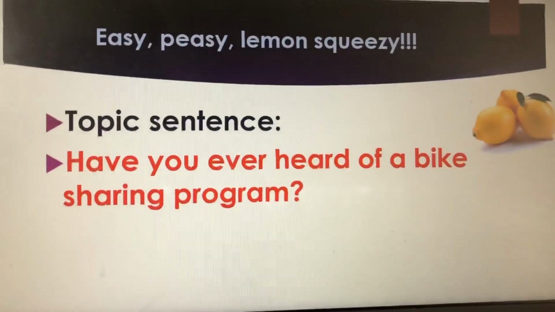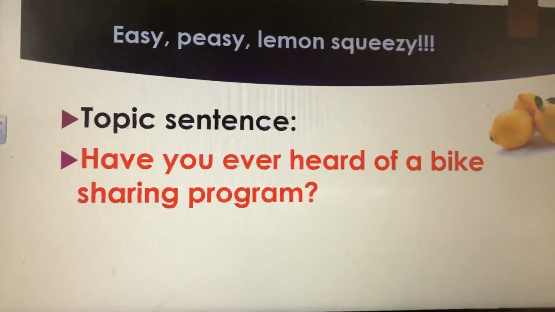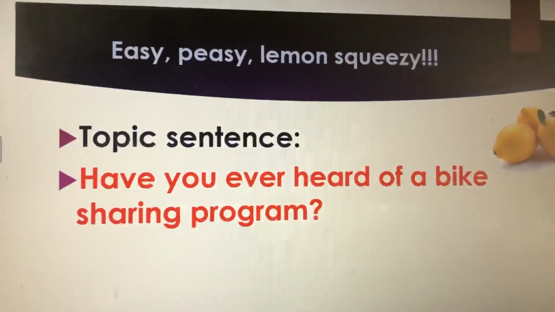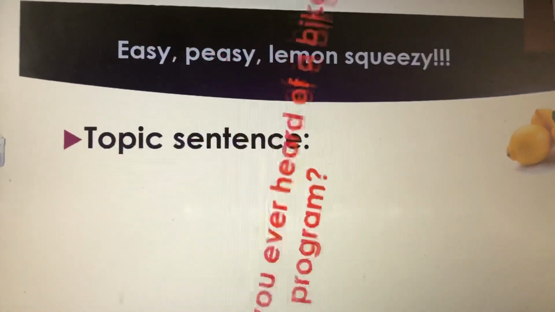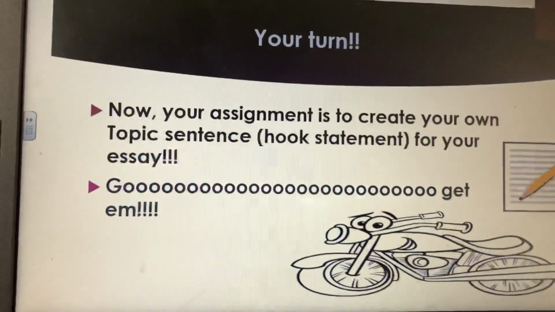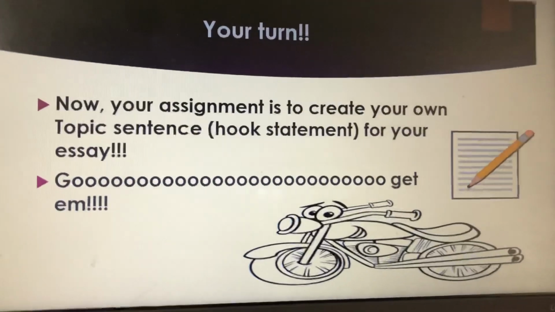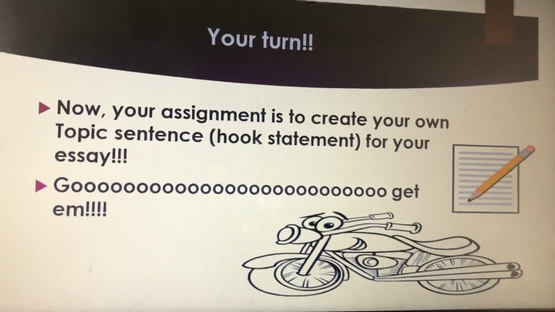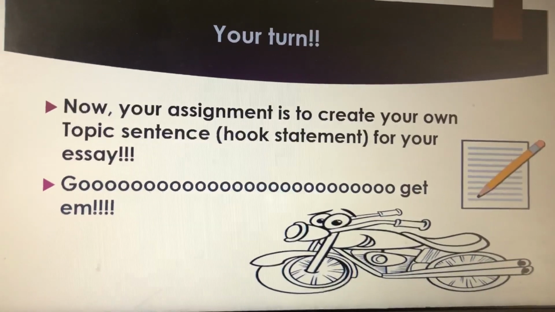Really simple, guys. I chose to ask a question this time to grab my reader's attention instead of making a bold statement. So now you guys get to do the same exact thing. It's your turn. Your assignment is to create your own topic sentence, which we know by now is a hook statement for your essay.